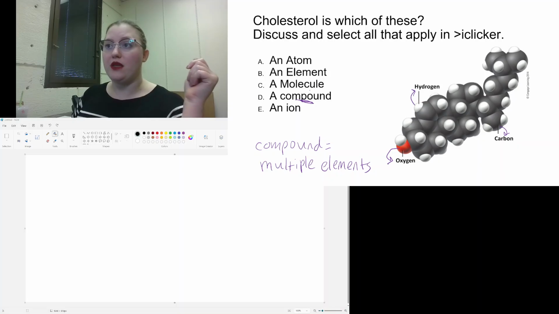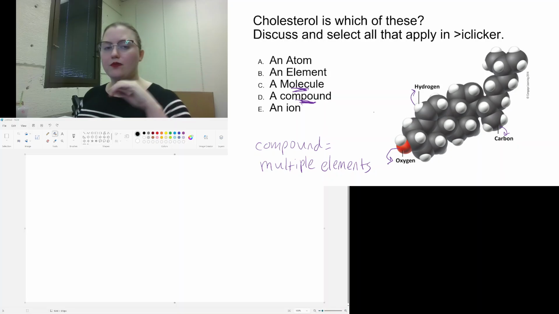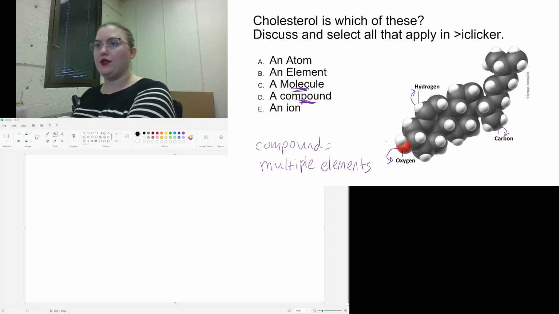So it would be both of these, right? Both a molecule and a compound. And I'm going to let you guys think about whether or not it is also A, B, or E. So think about that as you are going to answer in iClicker.